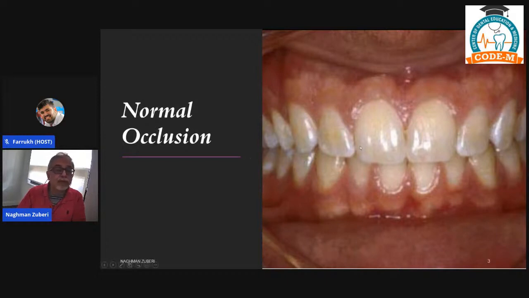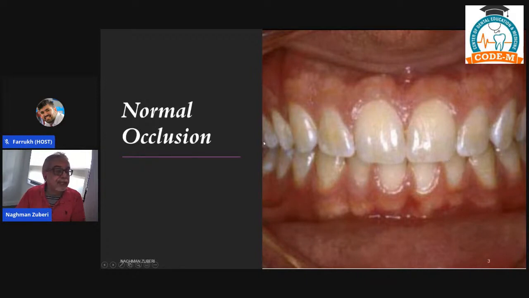Mutually protected occlusion means when the person is in centric occlusion, the whole burden is on the posterior dentition and all the forces are directed along the long axis of the posterior teeth, whereas anterior teeth are either in very slight contact with each other, or at times even separated. They are not in contact.